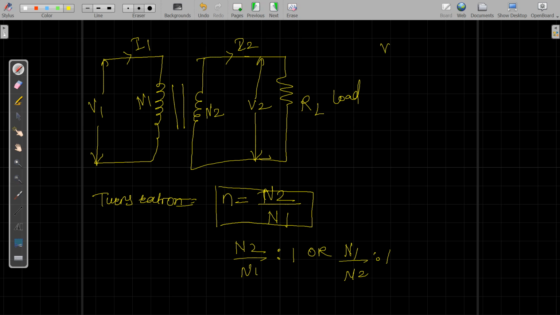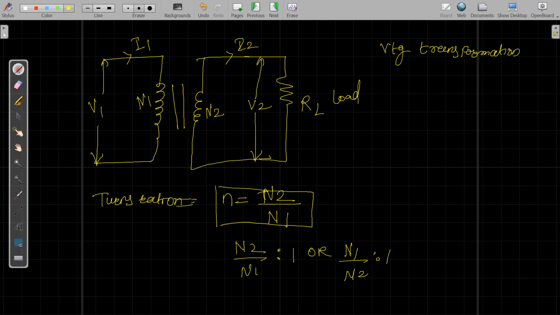Now we want a voltage transformation and a current transformation. What is the voltage transformation? This transformer transforms the voltage applied on one side to the other side proportional to the turns ratio.